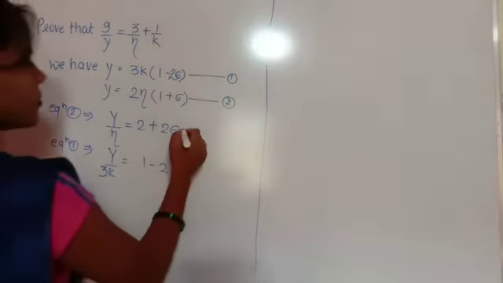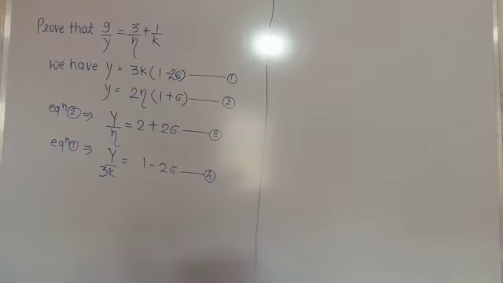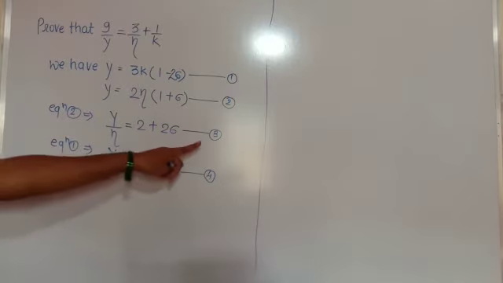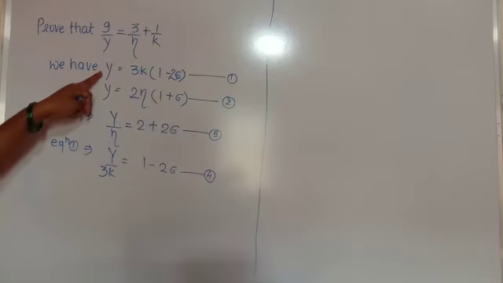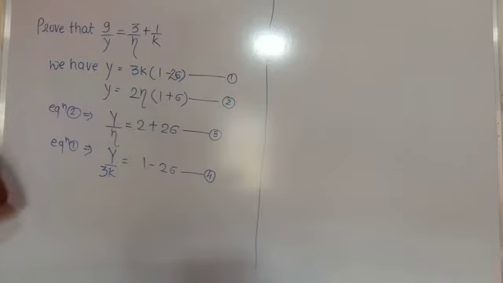So this is equation number 3 and equation number 4. Equation 2 implies Y by eta equals 2 plus 2 sigma; this is equation 3. By using equation first we derive Y by 3K equals 1 minus 2 sigma.